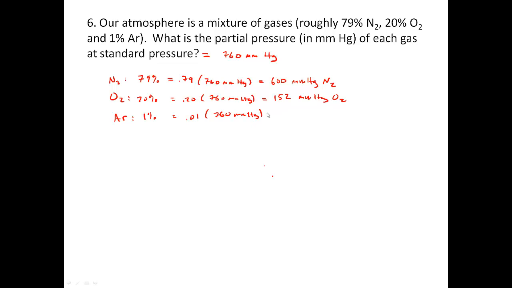I can do this without a calculator. We're talking 7.6 or 8 millimeters of mercury due to the argon. So there you go. These are all the partial pressures: N2, O2, argon.